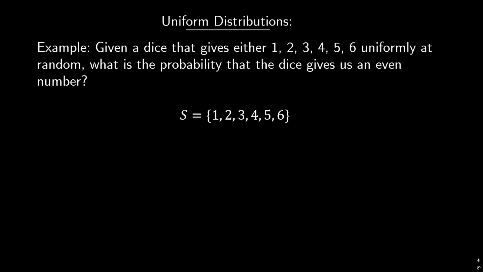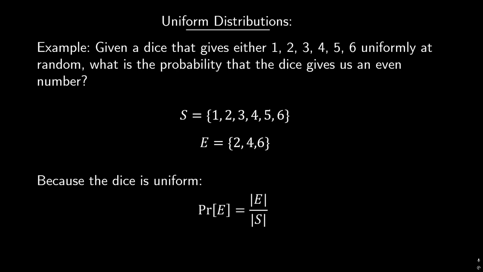The event that the dice gives us an even number would just be the set of outcomes 2, 4, and 6, because those are the even outcomes. Now because the dice is uniform, this is just the size of E divided by the size of S, which happens to be 3 over 6.